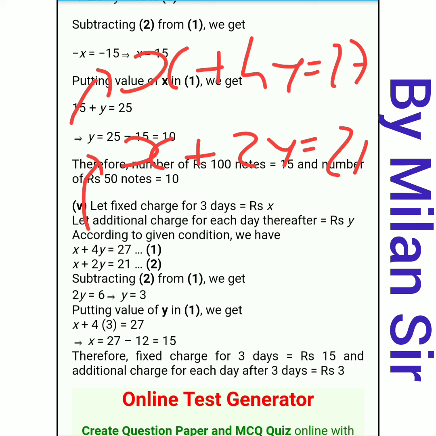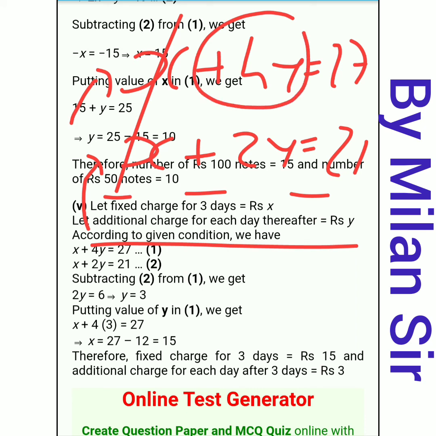You can also subtract equation 1 from 2, but here I am going with 2 from 1. We need to change the signs because we use the subtraction process, so plus becomes minus. x minus x cancels. Plus 4y minus 2y is 2y, and 27 minus 21 is 6.